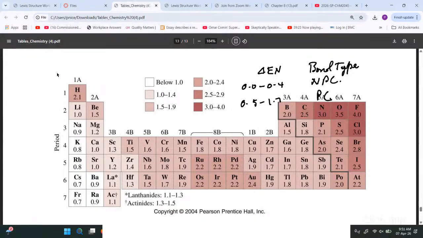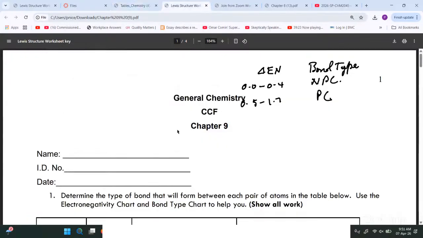And then finally, if the electronegativity difference is 1.8 or greater, then the bond is essentially ionic, meaning you have a complete transfer of electrons from the metal to the non-metal, from one atom to the other.